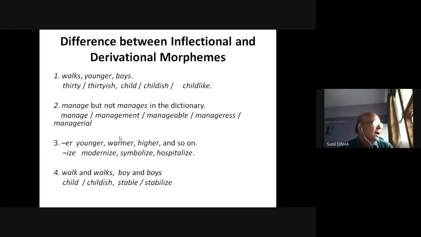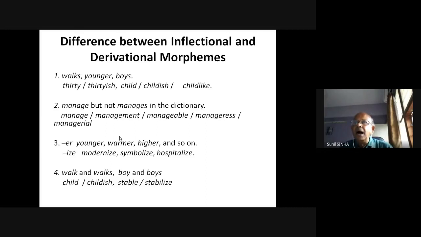We say red symbolizes danger, which means red acts as a symbol of danger. So -ize on symbol means to act, whereas -ize on modern means to make. To make modern, to act as a symbol.